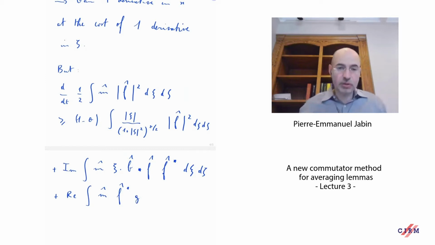And again, I symmetrized everything, so that's why you see the real and the imaginary part, right, which avoids repeating the expression. All right.